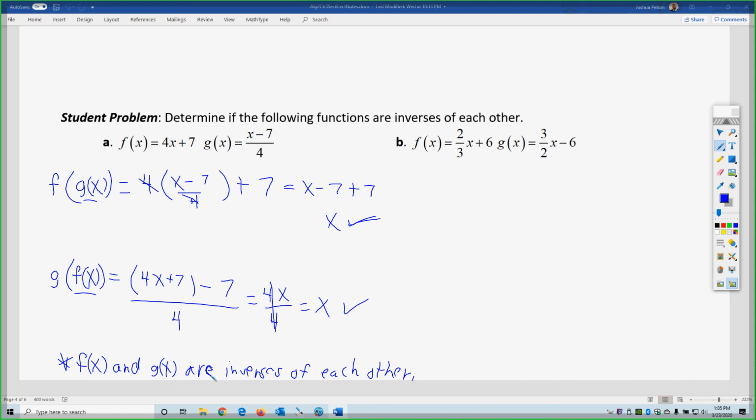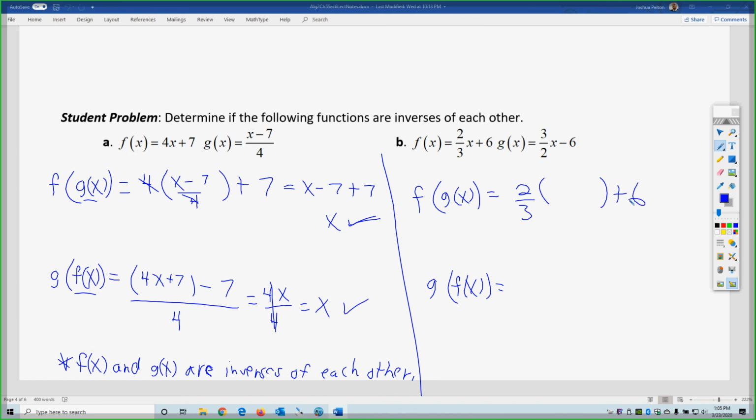Okay, so let's try these. F of g of x and g of f of x. So f is 2/3 x plus 6, and g of x is 3/2 x minus 6. So on the face of things, it looks like they will cancel each other.